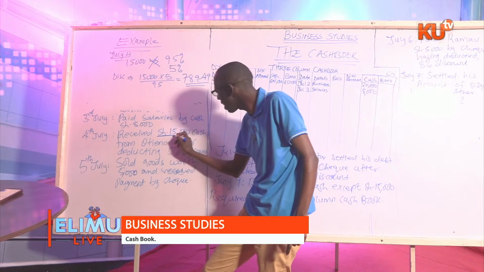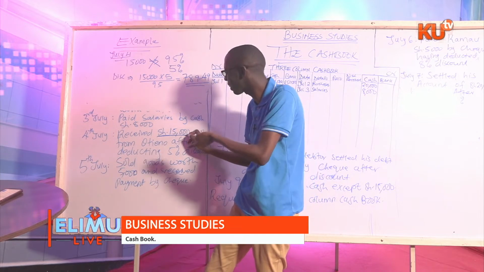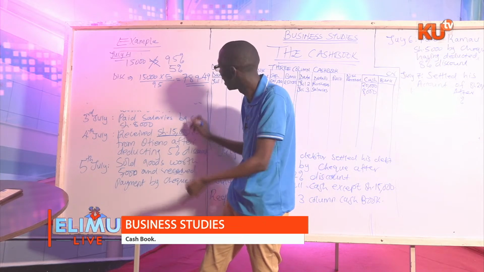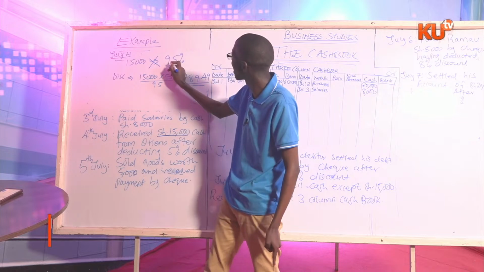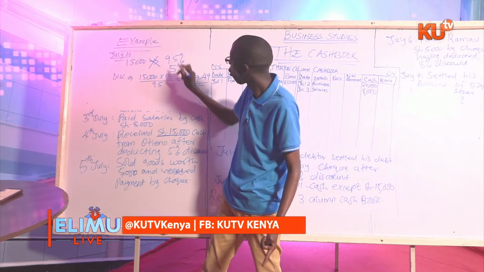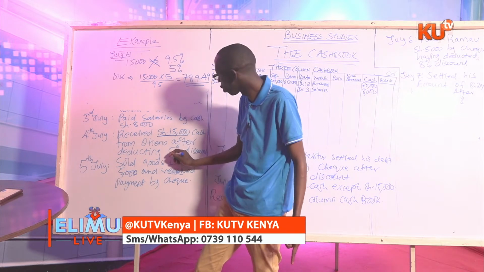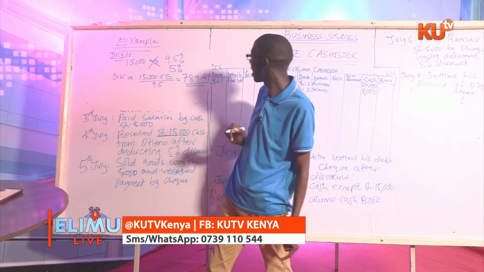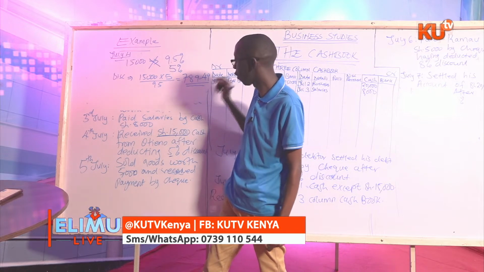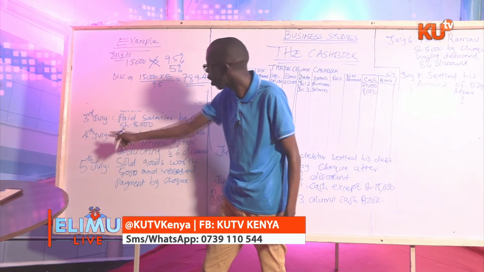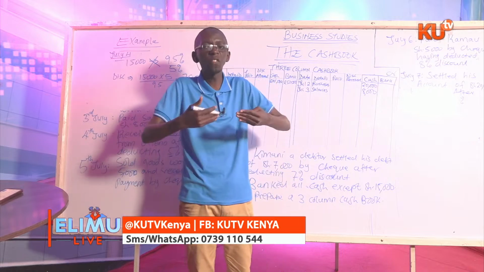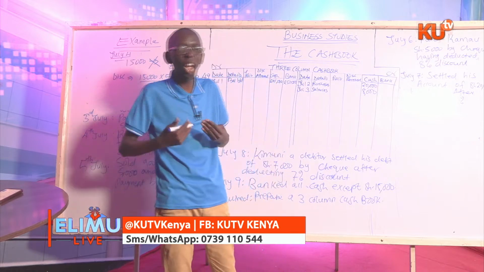Therefore, this 15,000 is already deducted. The discount is already deducted. Therefore, the 15,000 is 95%. What about 5%, which was the discount? Is 789.49.